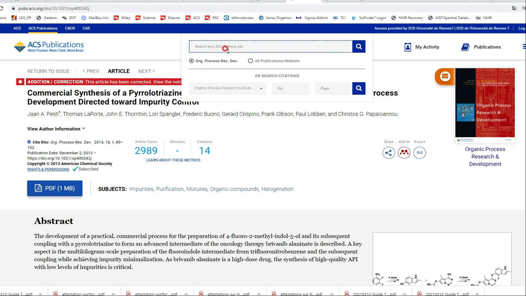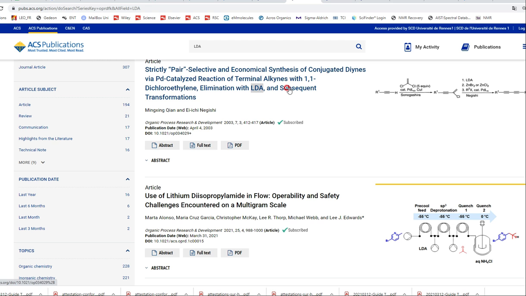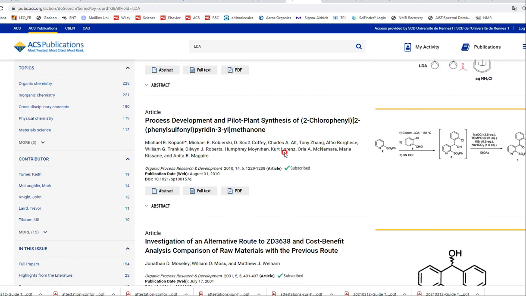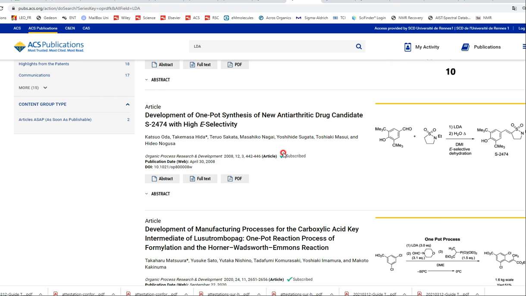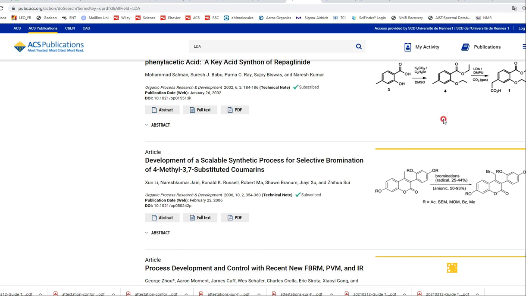So you can also look for certain reagents like LDA, for example, and see under which conditions LDA is used in chemistry. So for example, here they often use commercially available LDA. I think they hardly ever make it themselves. Or here you want to find out under which conditions you should do a certain deprotonation.